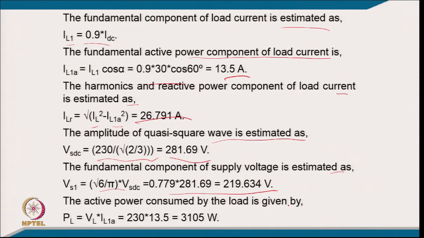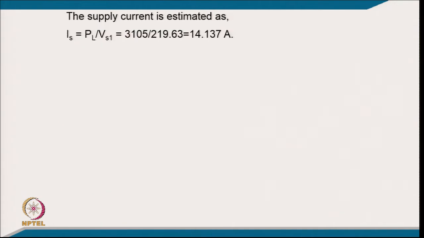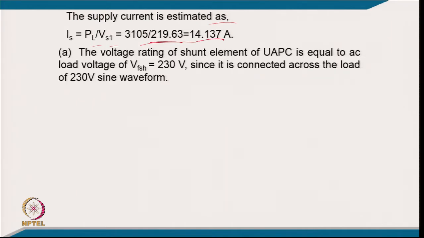The active power consumed by the load will be the load voltage 230 volt and the active component 13.5 ampere. So, this is 3105 watt, and the supply current is estimated as PL upon VS1. So, that is 3105 divided by 219.63, that comes to 14.137 ampere.